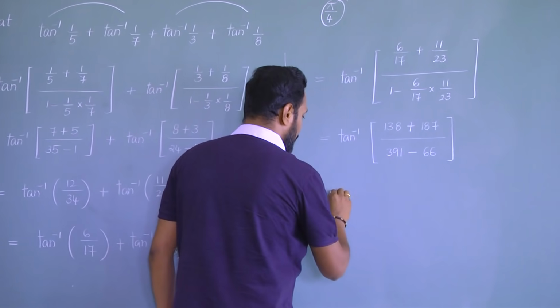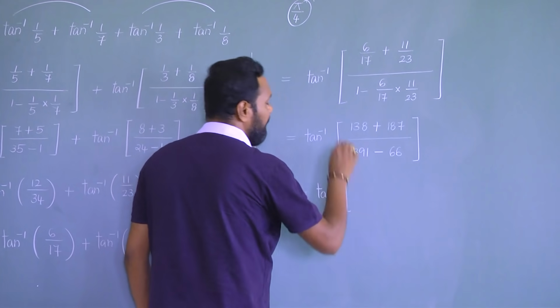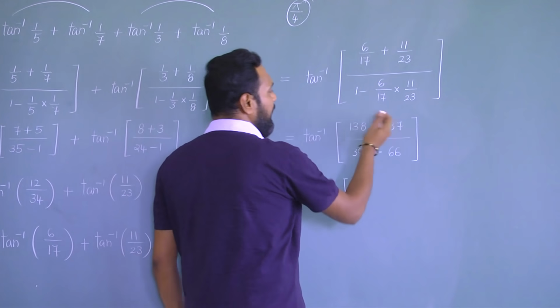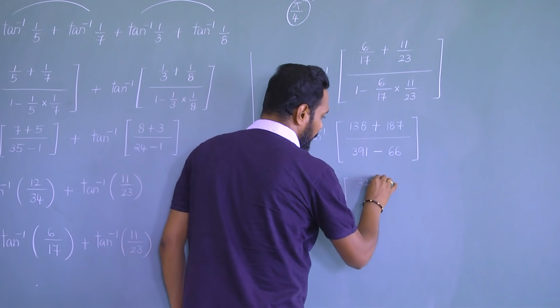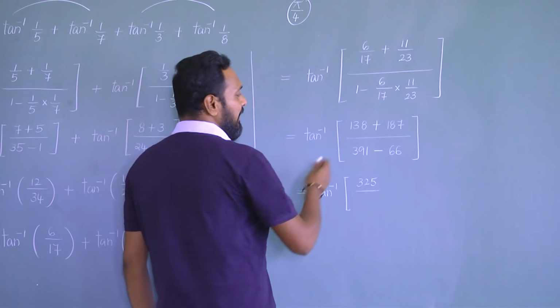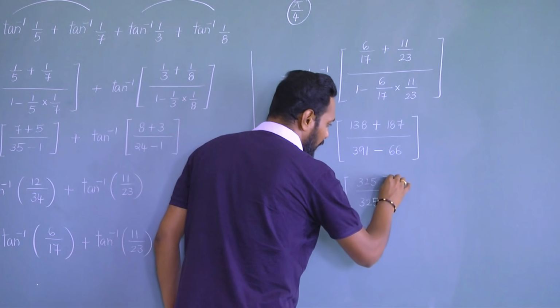That equals tan inverse of 138 plus 187, simplification is 325, divided by 391 minus 66, it is 325.